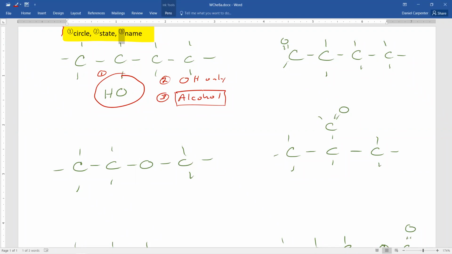All right, moving across, circle what's different. Well, this is all C and H. So this is what's different. That's the first thing. State what's different. It is a double bonded O on the end, and by the way, only a double bonded O. So only a double bonded O on the end is, let's see, aldehyde.